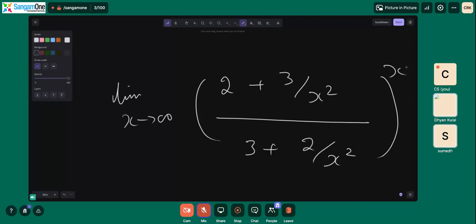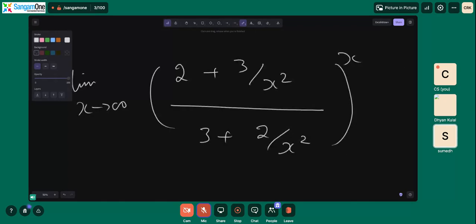We did not apply anything additional here. We just tried simplifying the equation.